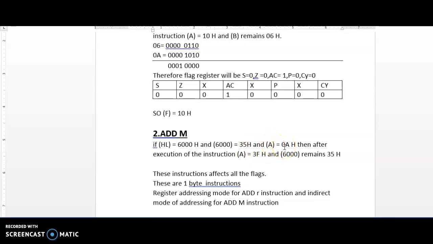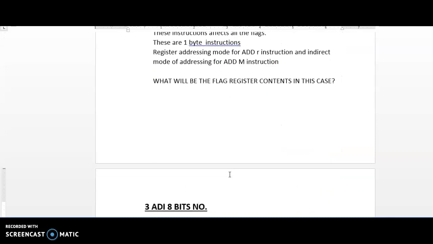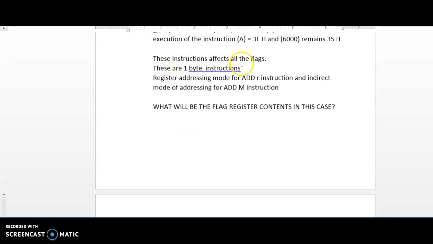Then after the execution of the instruction, the A register becomes A plus 5, that is F, and then 3 plus 0, that is 3. So 3F will be in the accumulator, and the 6000 contents remain 35. This instruction will also affect all the flags, and these are 1 byte instructions.